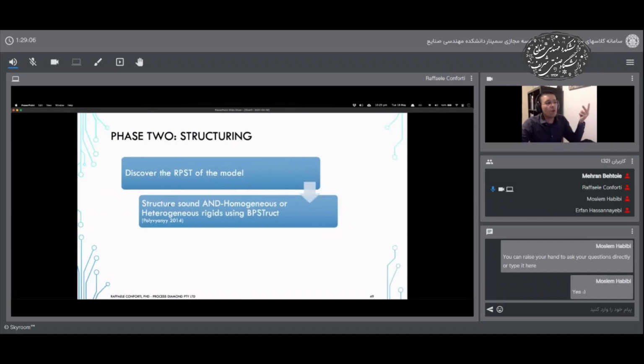For structures that are sound, and again, sound means that if you execute this fragment, you're gonna execute a process that will always complete without any problem. So you're not gonna get stuck in a loop. You're not gonna get stuck in a situation where you cannot move forward because you're waiting for something that will never arrive.